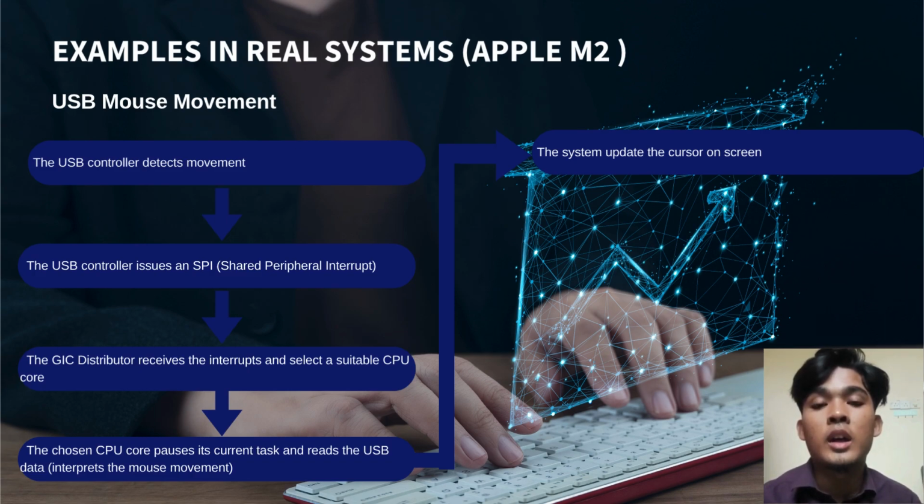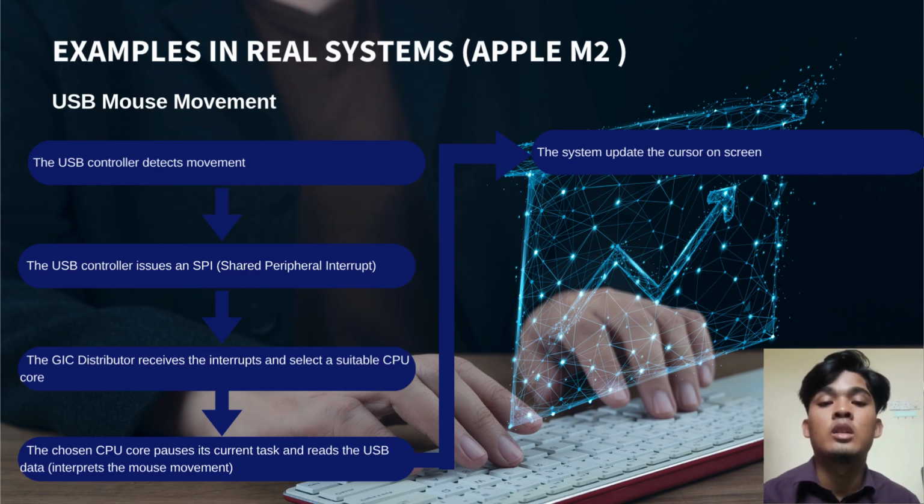Now, let's look at a common real-world example of how interrupt works in Apple M2 chip, specifically when you move your USB mouse. It starts when the USB controller detects any movement from your mouse. This physical action will be translated into something that a computer can understand. After detection, the USB controller immediately issues an SPI or Shared Peripheral Interrupt.